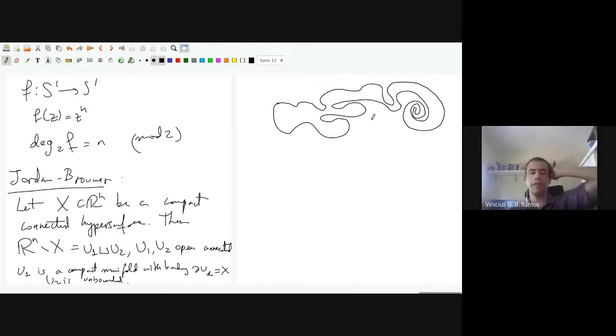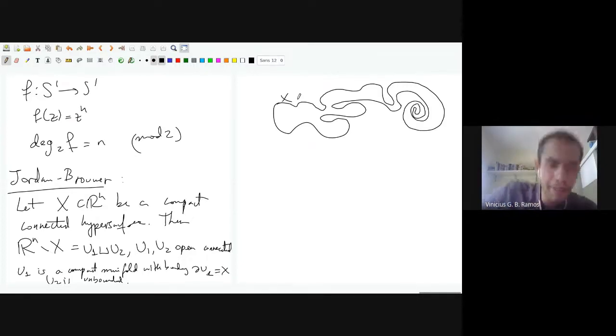Then if you take R^2 minus this curve, it has exactly two connected components. One is compact and has a boundary given by this curve, and the other one is unbounded with the same boundary. And that's true in higher dimensions for any compact connected hypersurface.